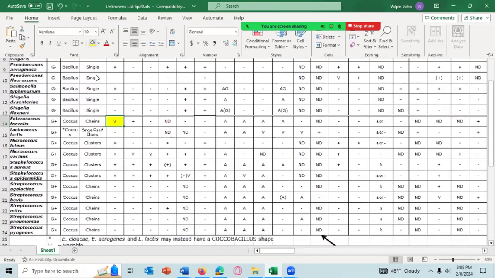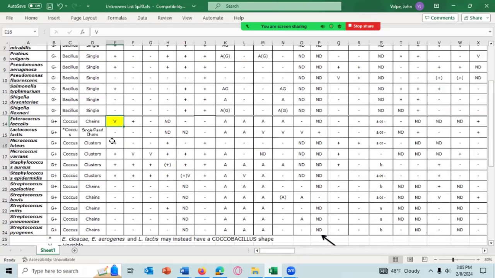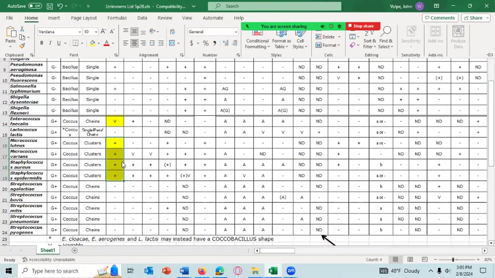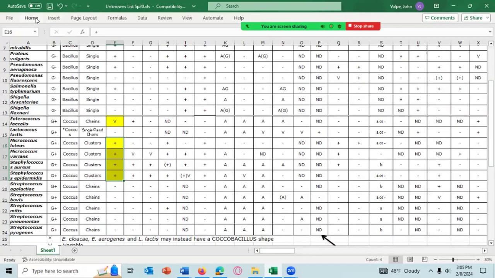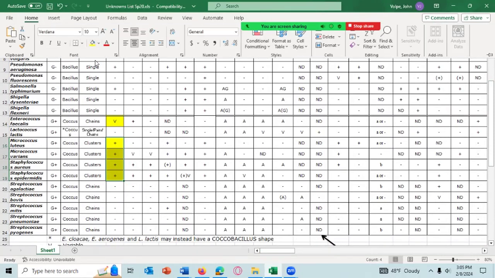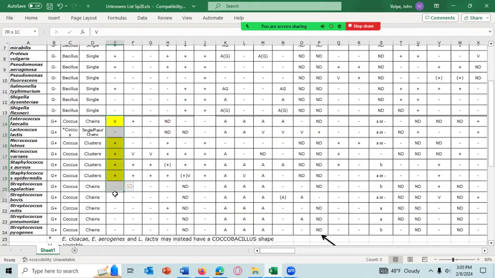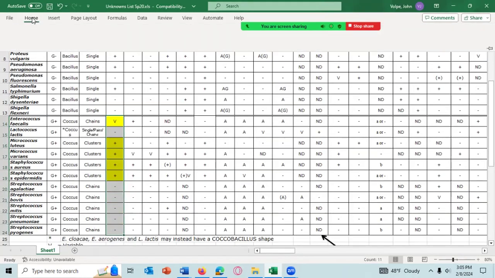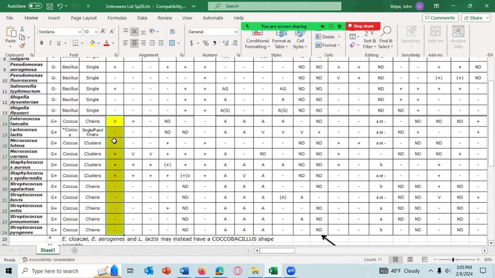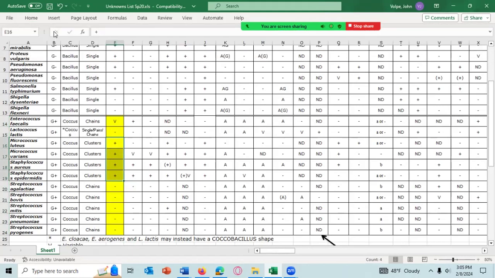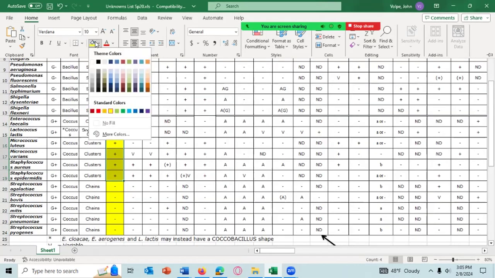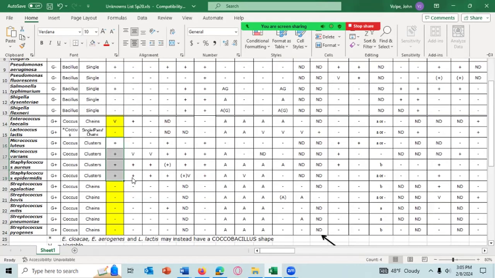So if you're looking at gelatin hydrolysis positive, that'll be these species here, and the V counts. On the other hand, if it is gelatin hydrolysis negative, the V also counts, and so it would be these species under consideration now. So the V would count and all the negatives count. Any question about the V?